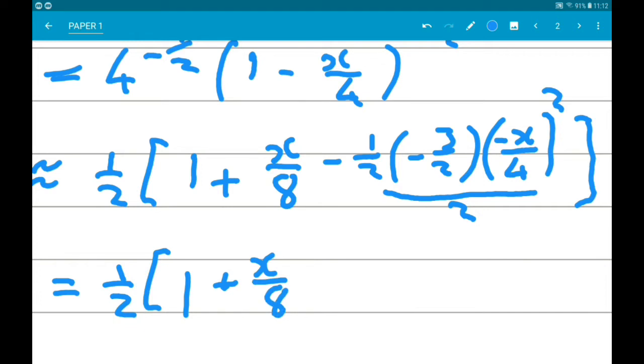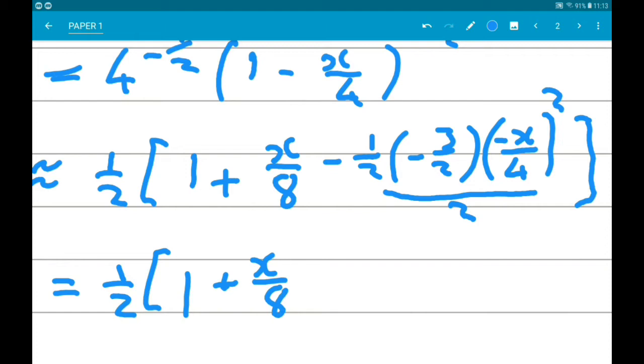Okay then, now minus 1/2 times minus 3/2 is positive 3/4. Minus x over 4 all squared is x squared over 16. So 3/4 times x squared over 16 is 3x squared over 64. And then that is all over 2.